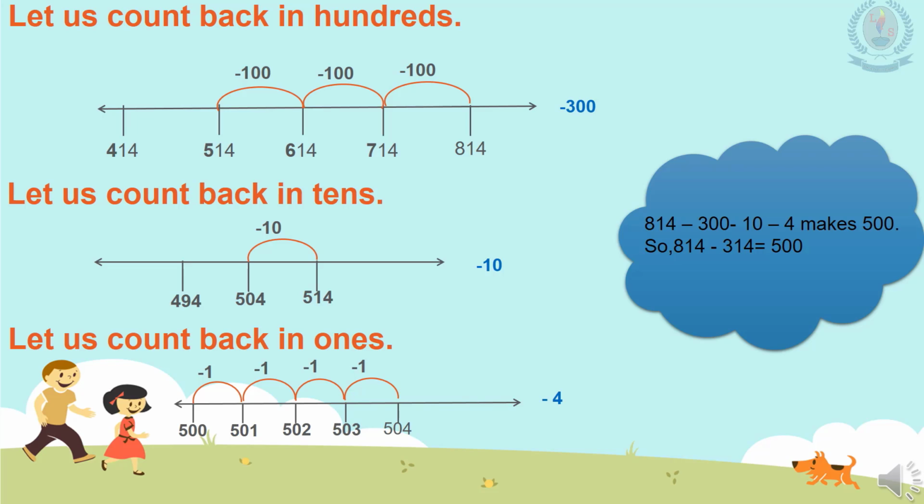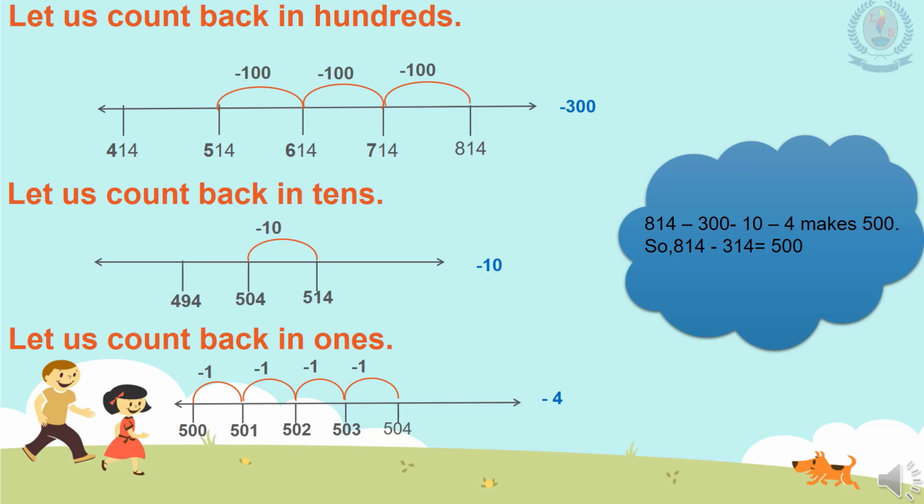Let's count back in hundreds first. From 814 to 514, we only count back in hundreds 3 times. It's minus 300. Next, we count back in tens. From 514 to 504, we only count back in tens 1 time. Then it becomes minus 10.